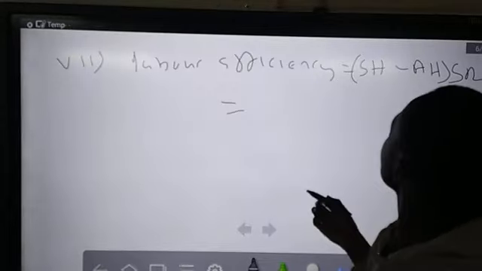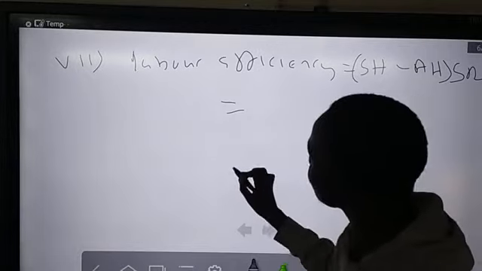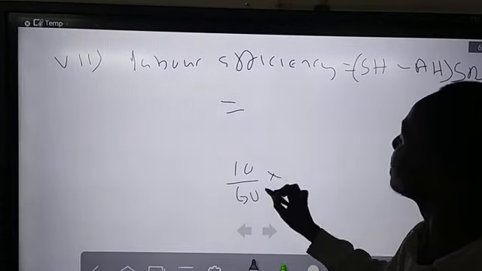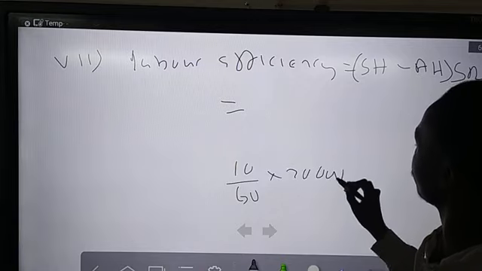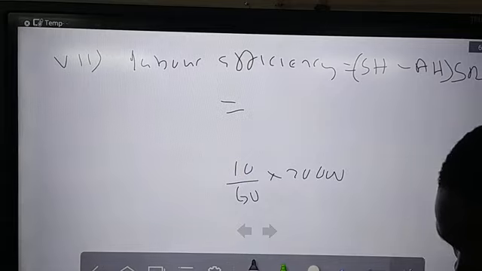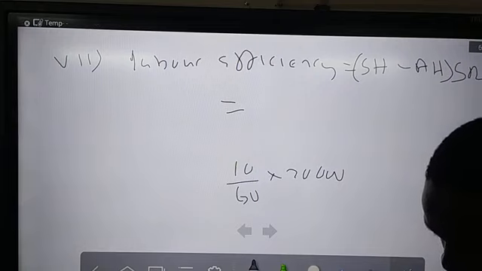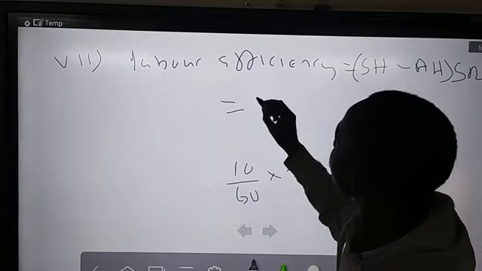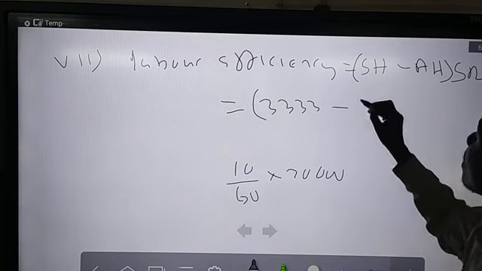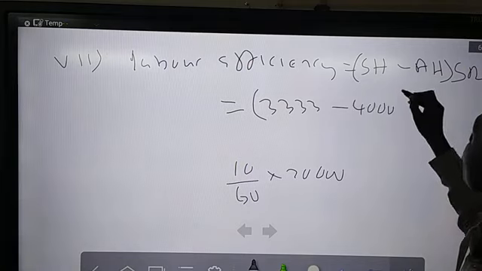So if we substitute now, our standard hours, it's 10 over 60 because budget is 10 over 60 times actual units produced, isn't it? So if we say 10 divided by 60 times 20,000, we get 3333, minus actual hours, I have shown you that it's 4,000.